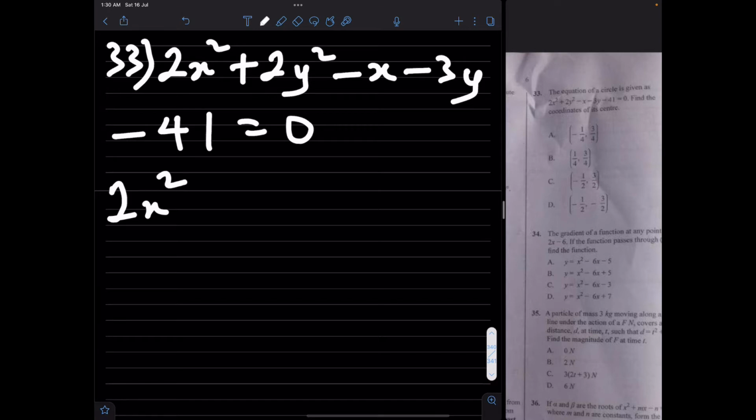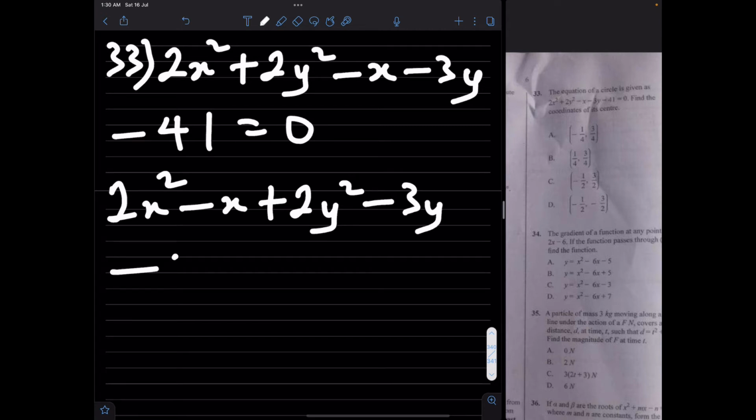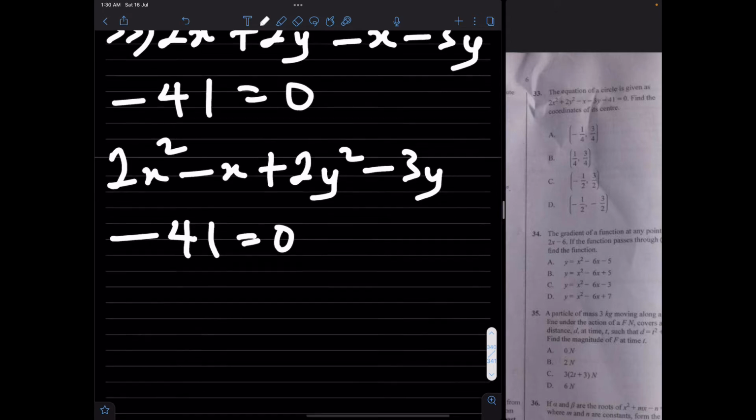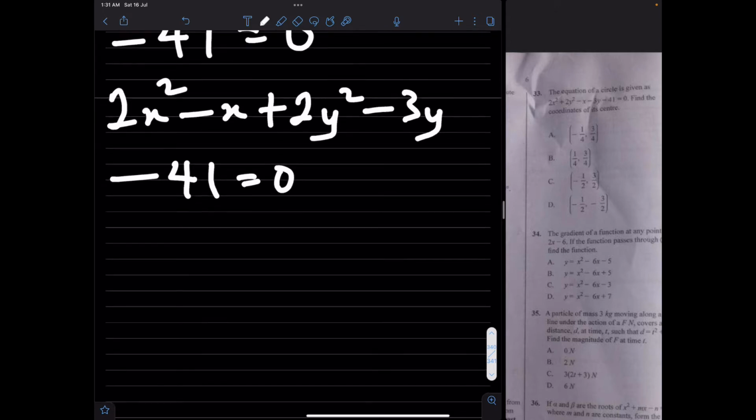So this is the same as 2x squared minus x plus 2y squared minus 3y minus 41 equals 0. And that means now I try to complete the square for this one.